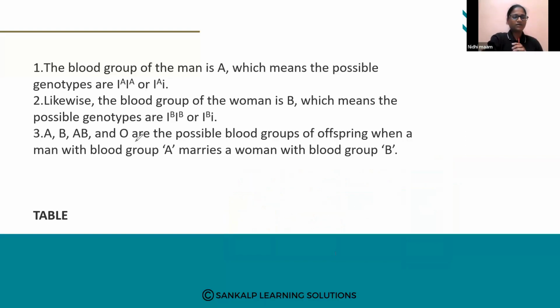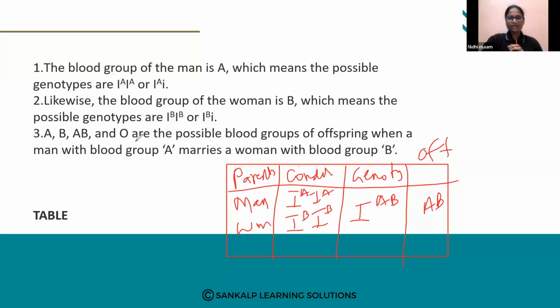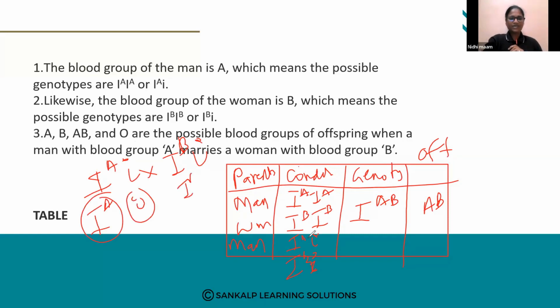Same way, we have to continue in the same table. So here, when the man is in heterozygous condition, IAi, we have to write heterozygous there, and IBi for the woman. IAi crossed with IBi. So IA is a gamete, i is a gamete, IB is a gamete, i is a gamete.